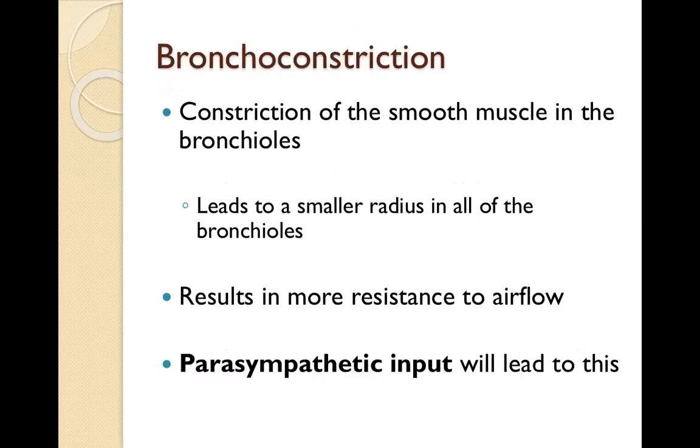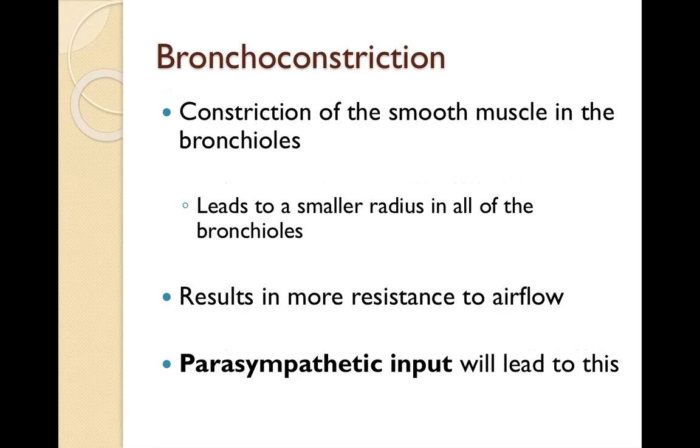And so a couple of terms that we need to talk about, just like when we talked about vasoconstriction and vasodilation with reference to the blood vessels, we can actually talk about synonymous terms in the bronchioles.